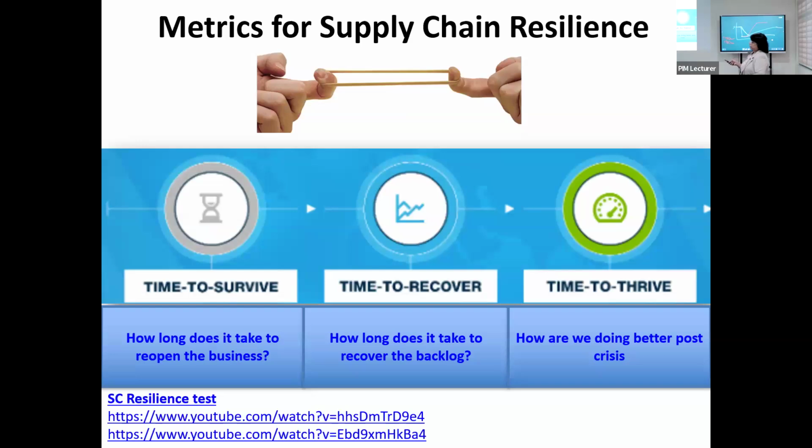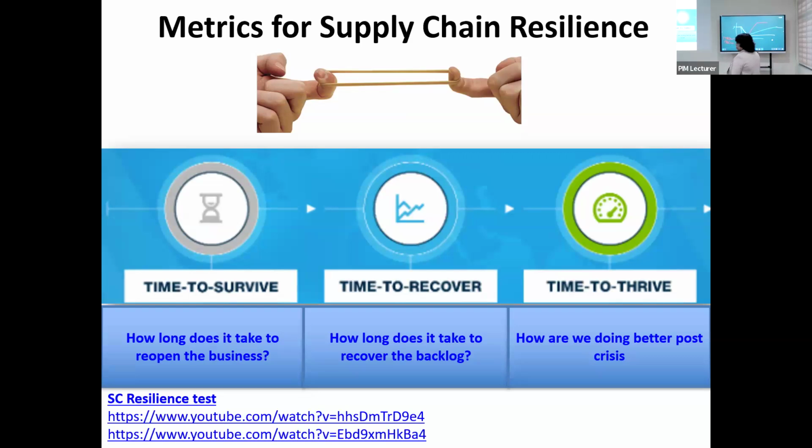So what I explained to you, I have highlighted here. To what extent can you stretch your supply chain without breaking, right? So these are the ways we track resilience: through time to survive, time to recover, and time to thrive. Time to survive means when something happens, how long does it take to reopen the business?